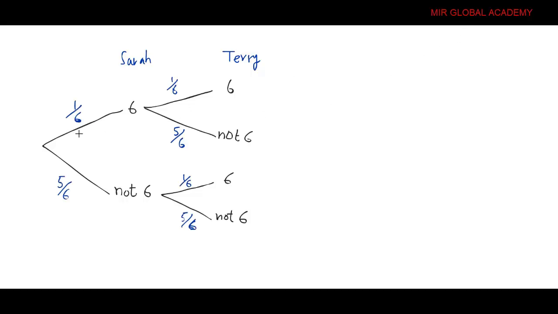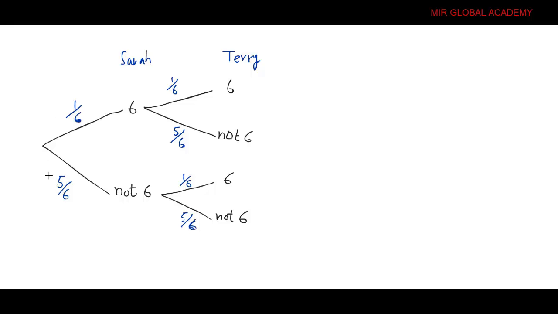So I have written the probability on the branches. The probability of a 6 is 1 over 6, because there is one 6 out of a total of 6 numbers, and obviously not a 6 will be 5 over 6.